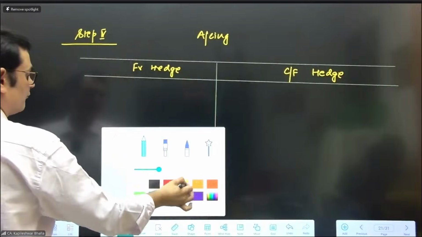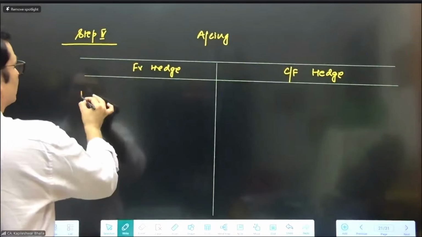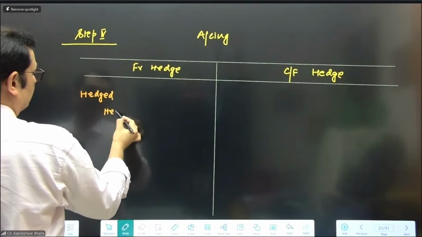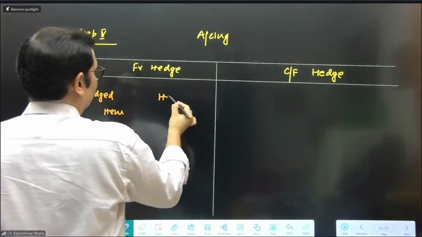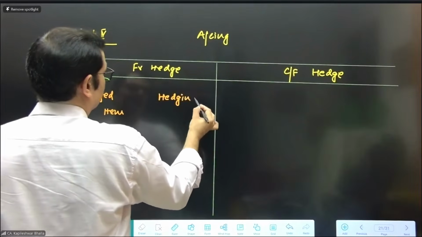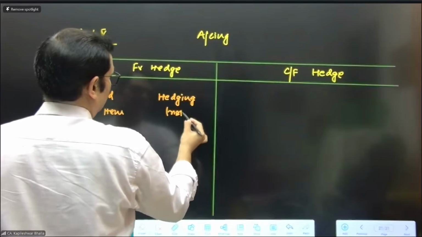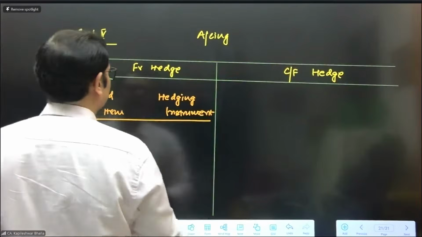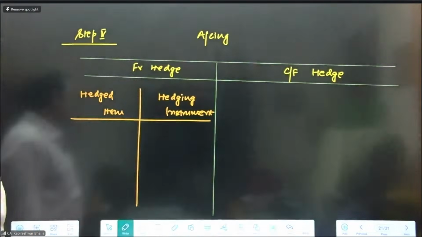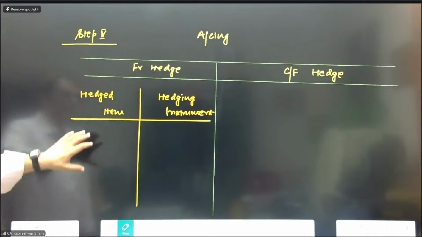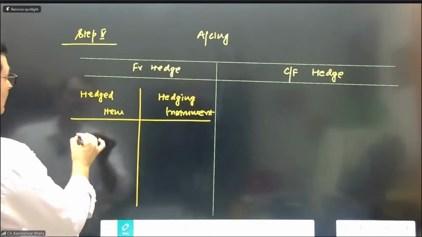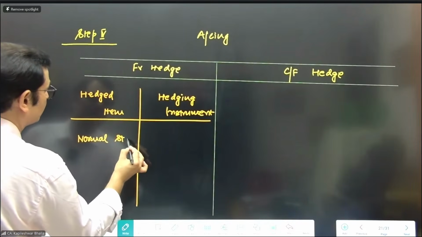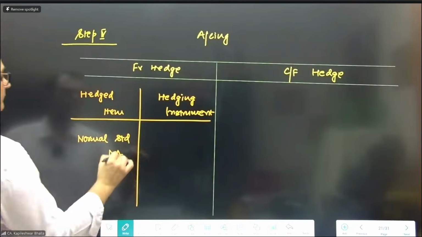In terms of a fair value hedge, you've got the hedged item on one side, and you've got the hedging instrument on the other side. Now, what you need to recall is that for the hedged item, the normal standards are not applicable.